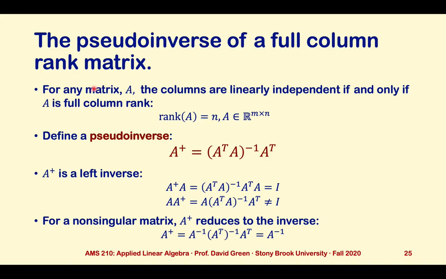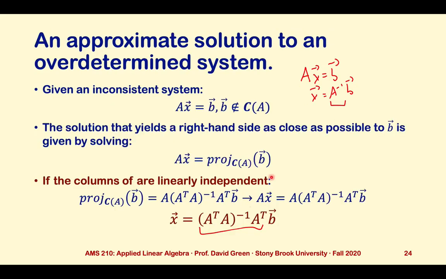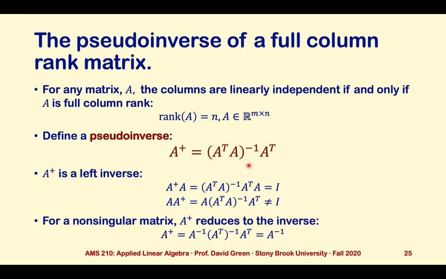Everything that we've discussed here, what was necessary for our derivation of how we get the projection, was that the columns are linearly independent. This is necessary because if the columns are not linearly independent, this inverse does not exist. A transpose A is no longer a non-singular matrix.